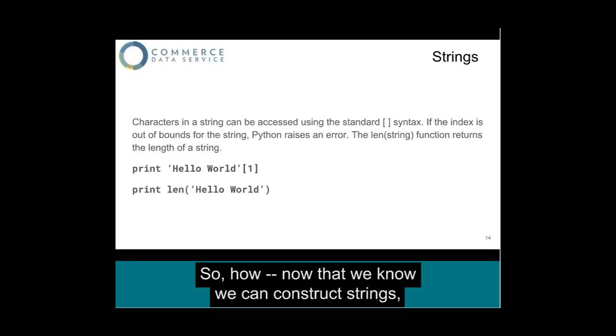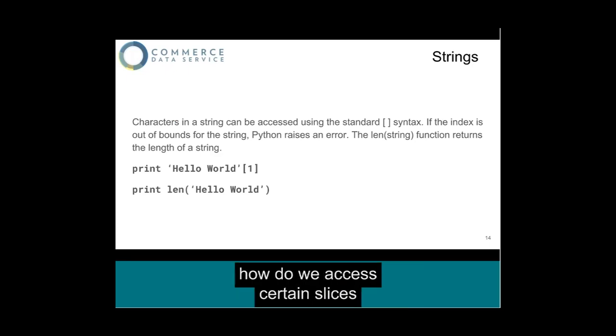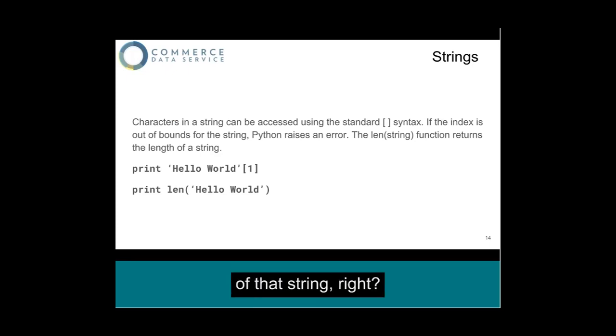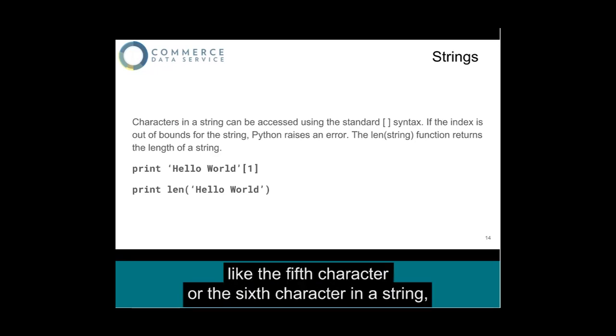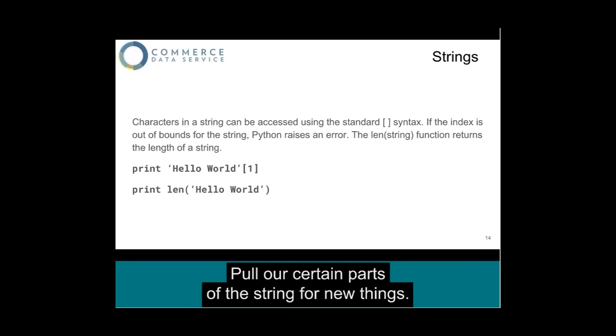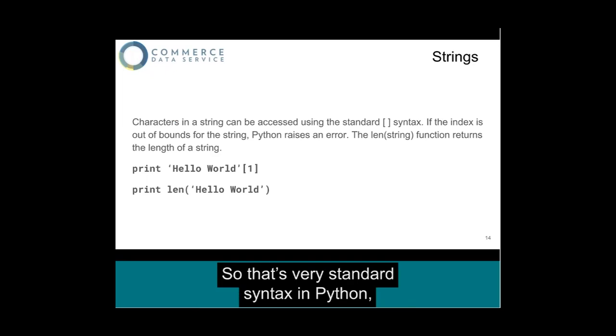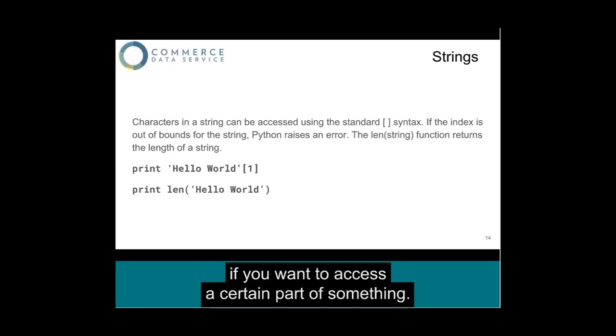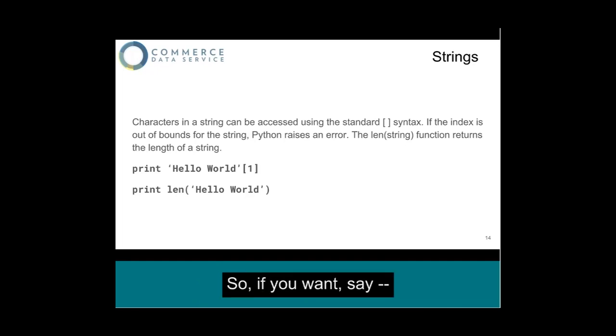Now that we know we can construct strings, how do we access certain slices of that string? How do we get a character, like the 5th or 6th character in a string, if we want to slice it up and edit it, pulling out certain parts of the string for new things? The way to do that is the square brackets. That's very standard syntax in Python, and you'll notice it over and over again if you want to access a certain part of something.